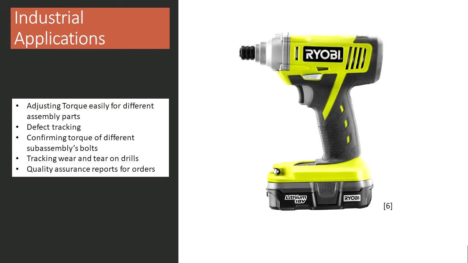They may have a day of production, and for some reason, one of the drills specifically is outputting a lower torque than it's supposed to into each assembly, and then they can stop the line and replace the drill or figure out what issues are causing the drill to not output the correct amount of torque, instead of spending the whole day making assemblies, not having the information, and not being able to know that the bolts aren't being properly secured to the assembly, which could cause trouble for the customers and other assemblies that the sub-assembly is put into.